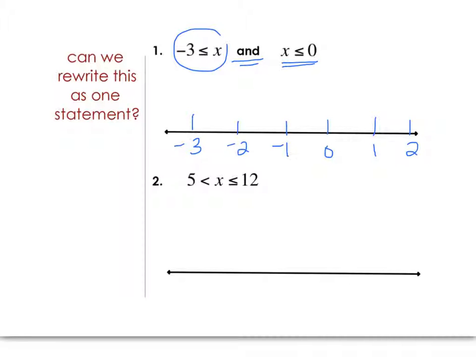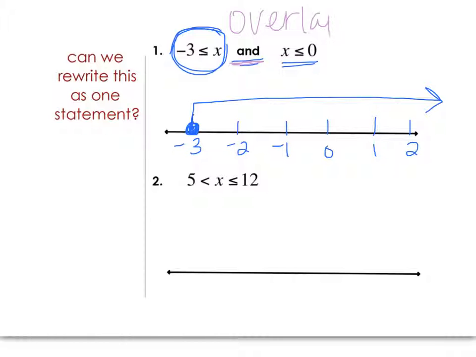If I graph this one first, x is greater than or equal to negative 3, I have a closed circle at negative 3, and I want all the x's bigger than negative 3. And, meaning I want the overlap. It's like that sandwich. x is less than or equal to 0, so I do a closed circle at 0, and now all the x's less than or equal to 0.